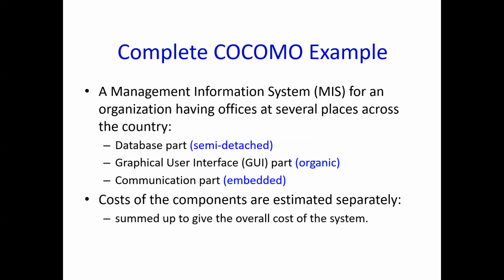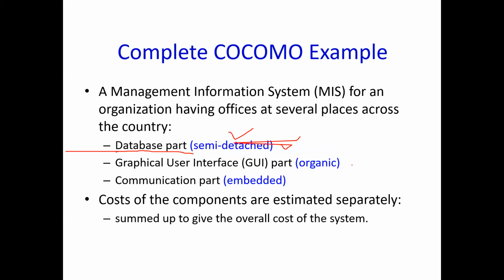Now see, let's take an example. The database handling part is a semi-detached type. Each and every part you have to calculate separately. I have to think about only this part, not the overall product. This part is semi-detached type, so I will apply the semi-detached formula and calculate separately.